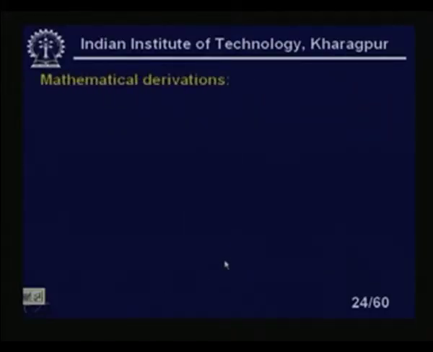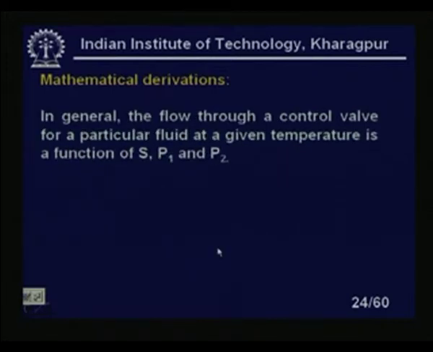Mathematical derivation, let us look at the mathematical derivations. In general, the flow through a control valve for a particular fluid at a given temperature is a function of S, P1 and P2. Okay. Let us look at the legend. Q, the flow at any particular time, or volumetric flow, is a function of S, P1, P2. What is S?